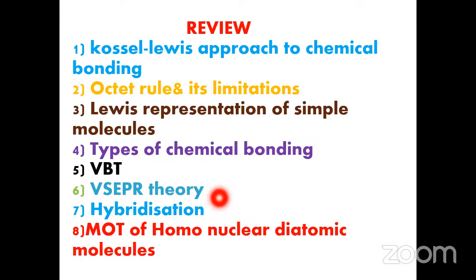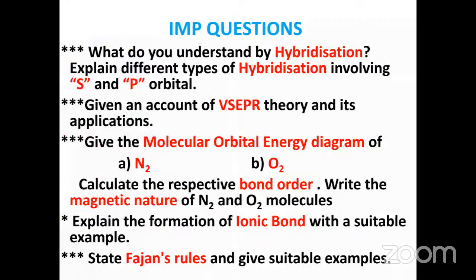This theory explains bond order and is used to explain the magnetic nature of the corresponding molecules H2, He2, O2, and N2. We also discussed the bond parameters: bond length, bond order, bond angle, and bond enthalpy.